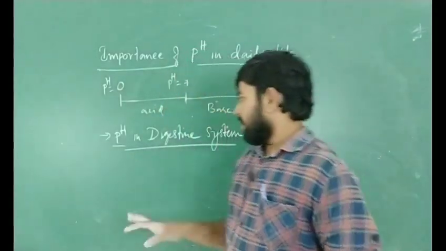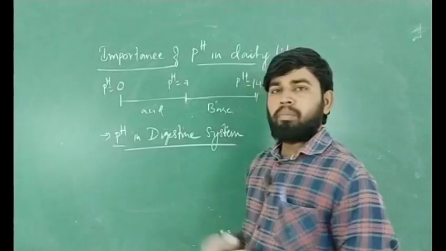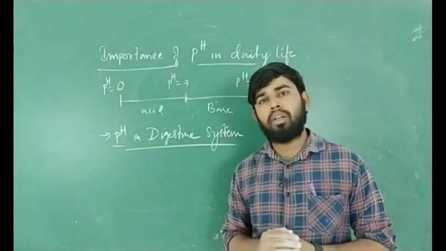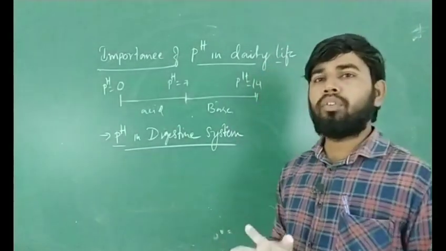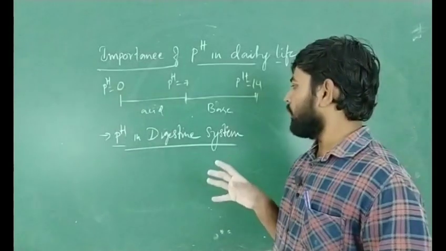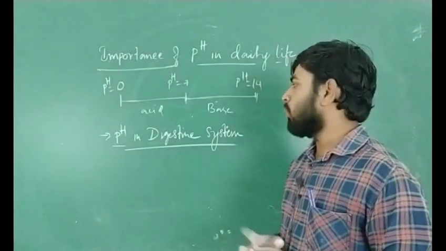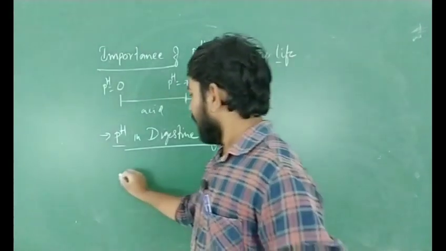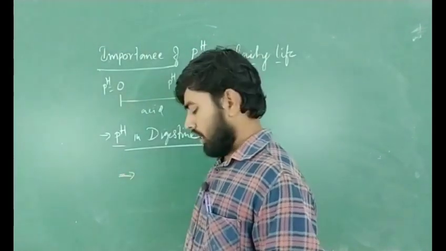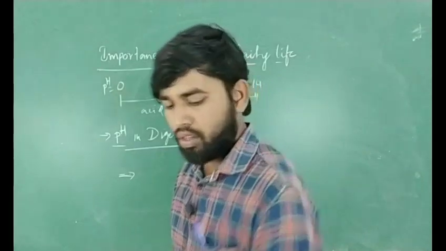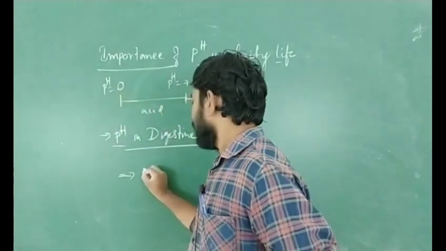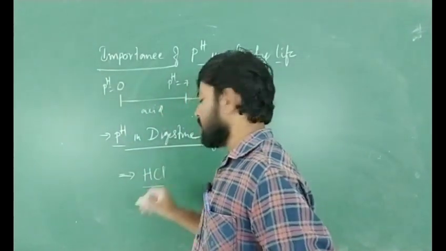So now we are going to discuss pH in the digestive system. As you know, sometimes we get a stomach pain just because of lack of food. Actually, when you are not eating properly, I mean at the proper time, what happens? Generally, regularly there will be a secretion, I mean a release of HCl by the stomach.